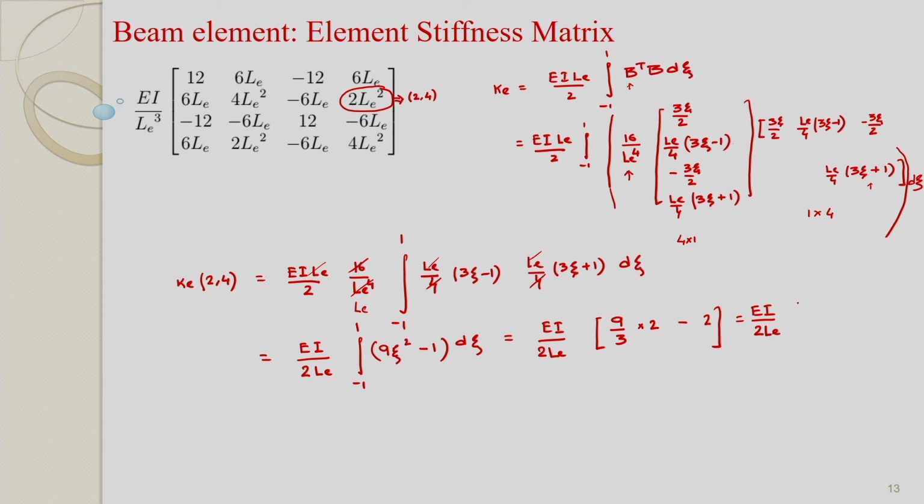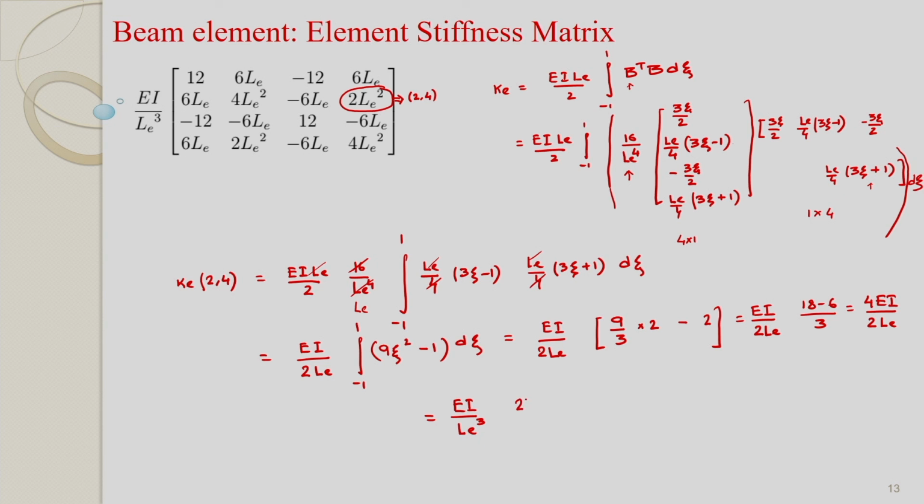That will be 18 minus 6 by 3, that will be 12, that is 4. So, 4 EI by 2 Le. Now, there is a common factor in all 16 terms, EI by Le cube.